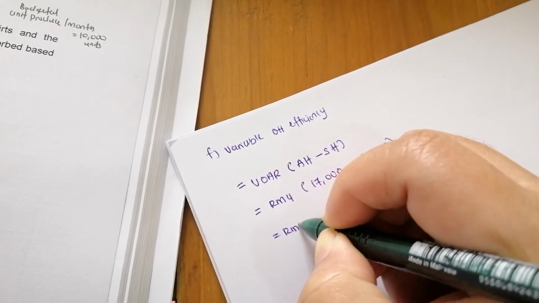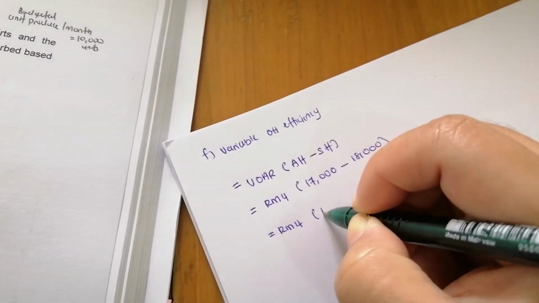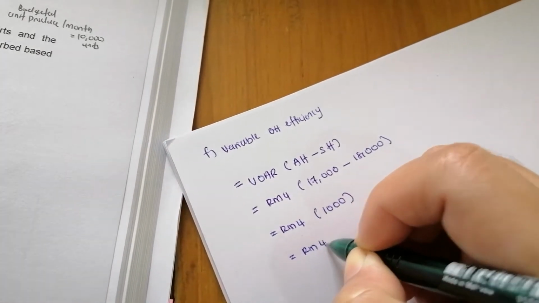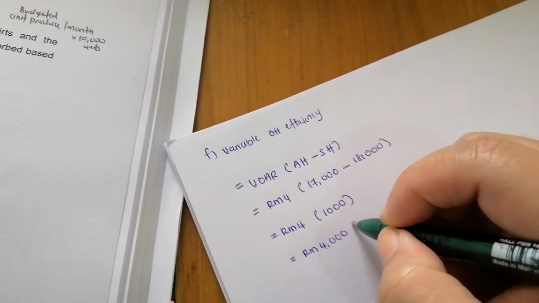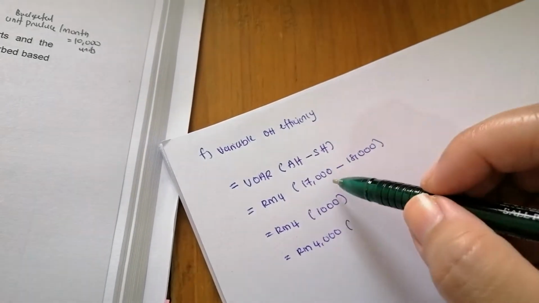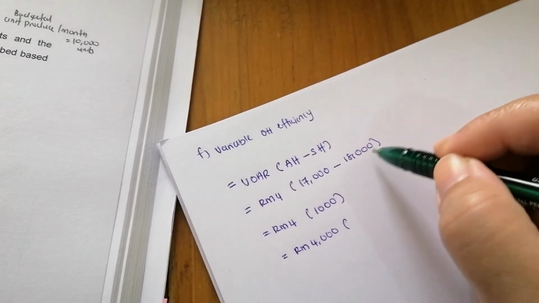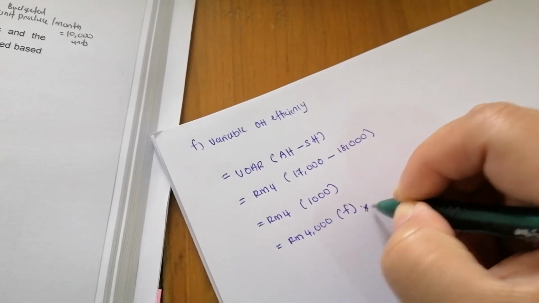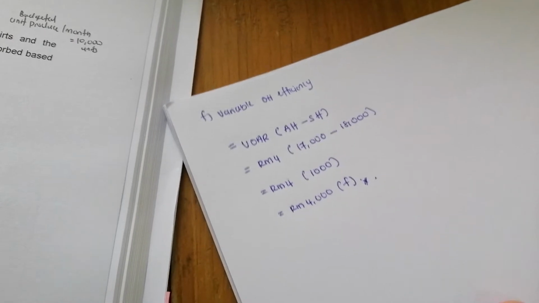So here 4 times 1,000, we get 4,000. Is it favorable or unfavorable? Since the actual hours fall within the standard hours range, it is favorable. Alright, so that's it for the variable overhead efficiency.